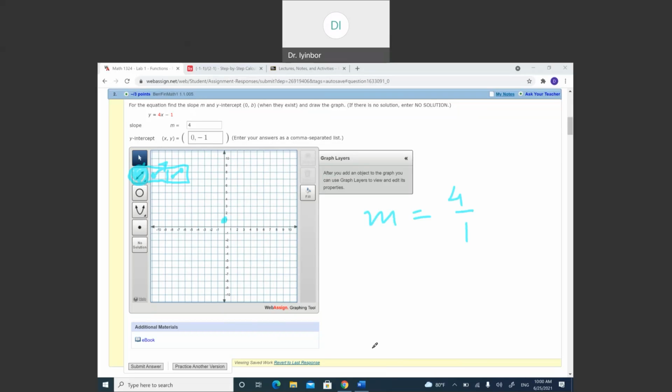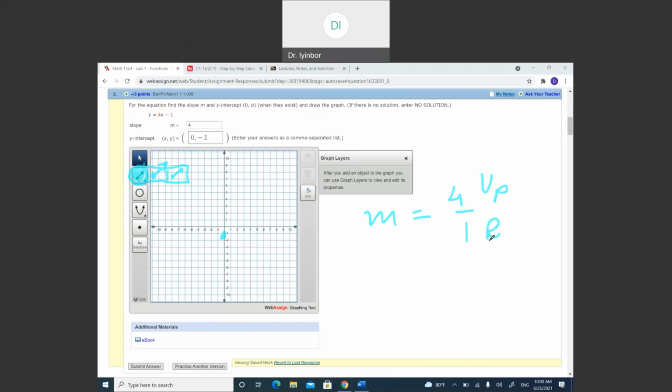I'm sorry, this is -1. Okay, hold on. So this should be down here, -1. From -1, you're going to go 4 steps up and 1 to the right.